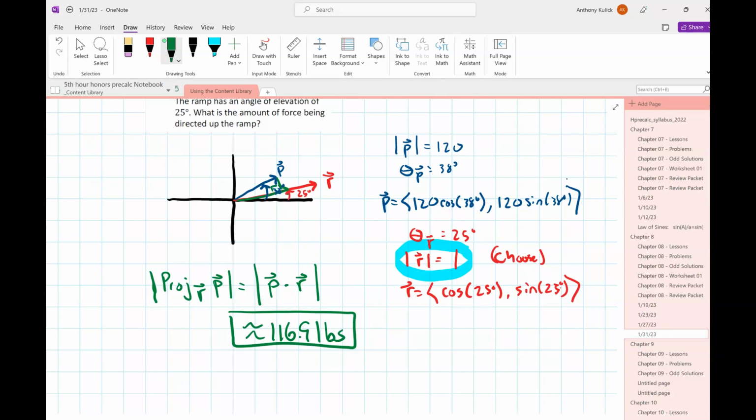So if you're not given the length of the ramp, the vector you're projecting onto, you can assume that length is 1. And when the length is 1, you can take that shortcut. So if you're not given any information about the length or the dimensions for the ramp, it's your choice. Choose it to be 1 because it makes life massively easier.